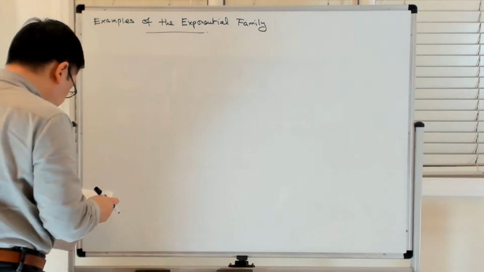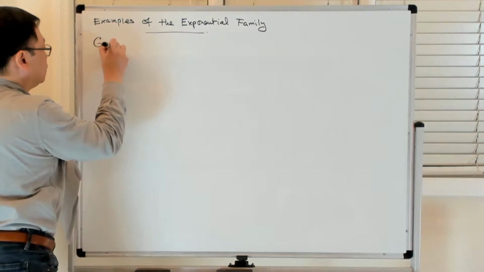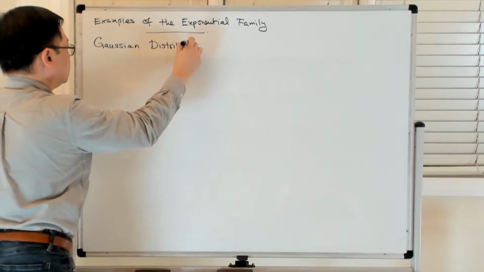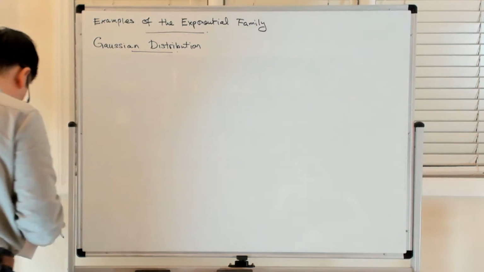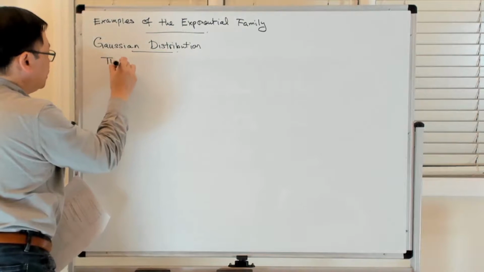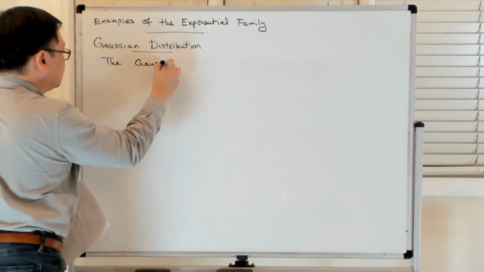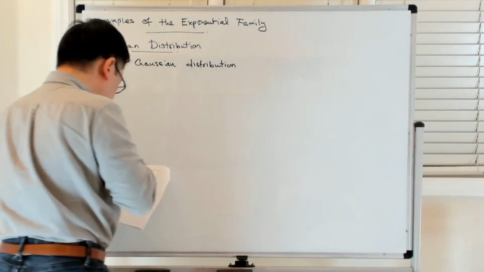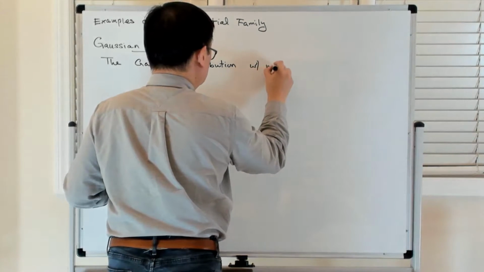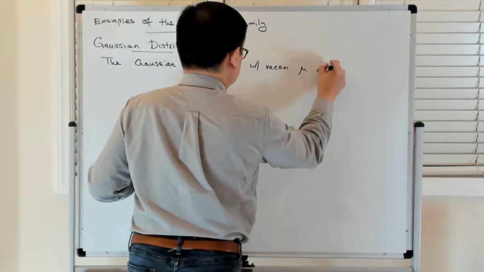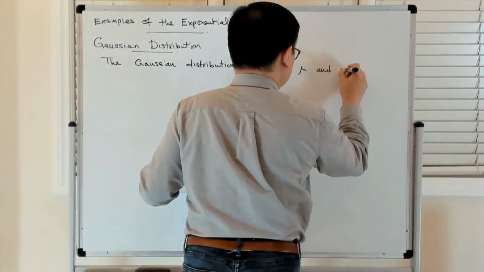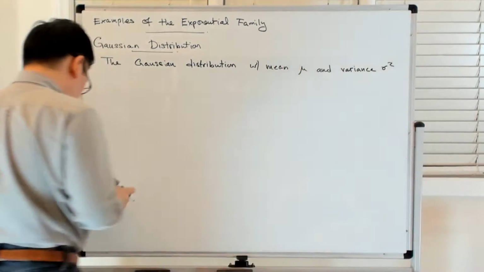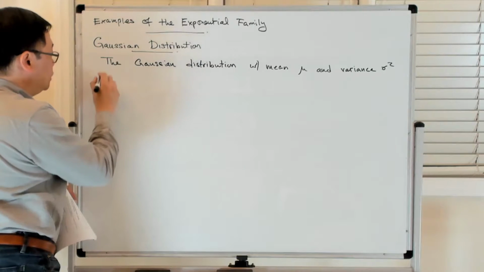So one of them is the Gaussian distribution. The Gaussian distribution with mean mu and variance sigma squared has the following probability density function.